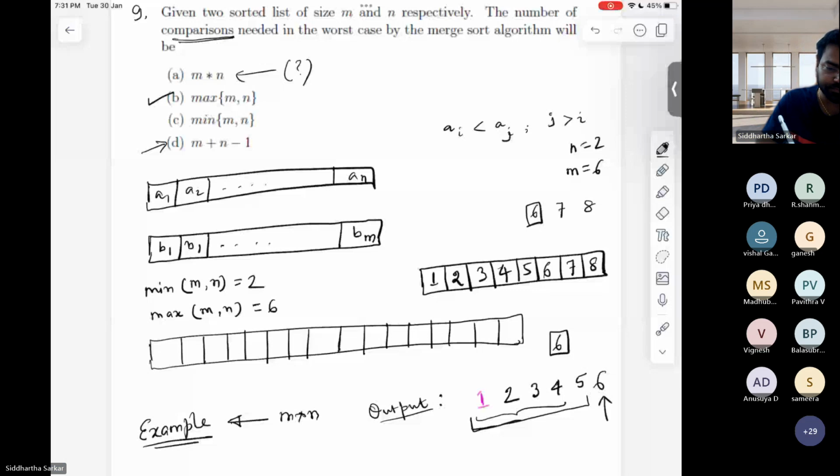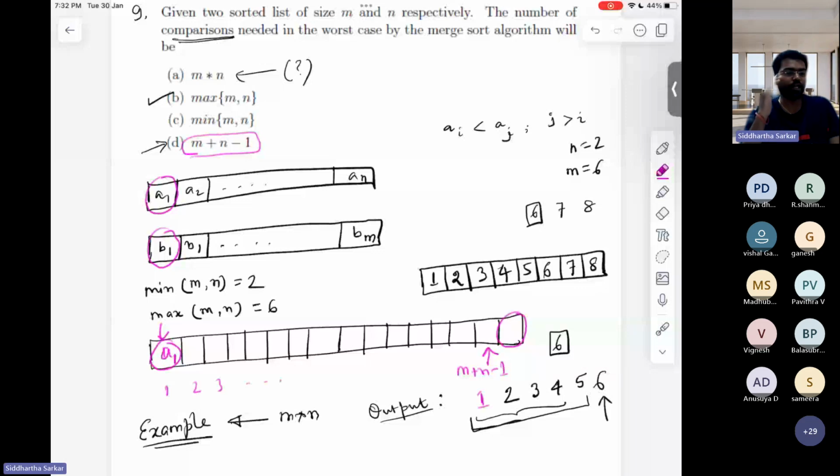So his argument is that whenever you are making a comparison between one number in one list and the other number in the other list, you are populating exactly one number in the output list. So by the time you have made m plus n minus 1 comparisons, you must have filled this output array till the second last element, which is the m plus n minus 1th element, isn't it? So now you are left with only one element to be filled in the output array.